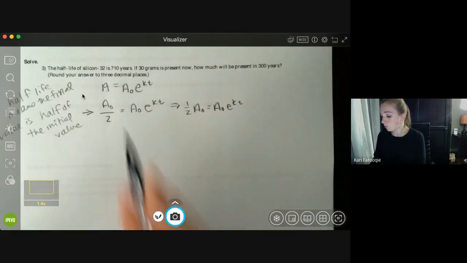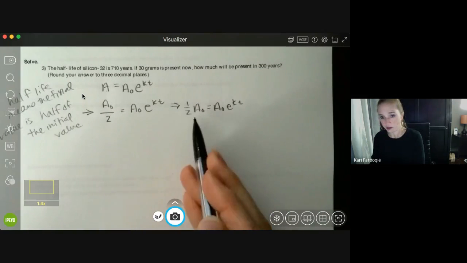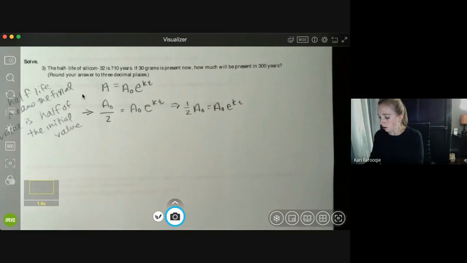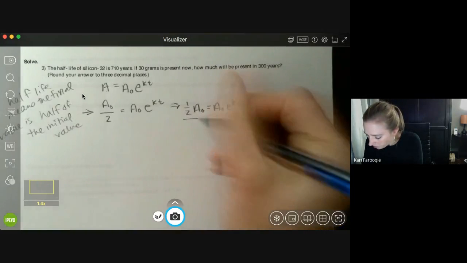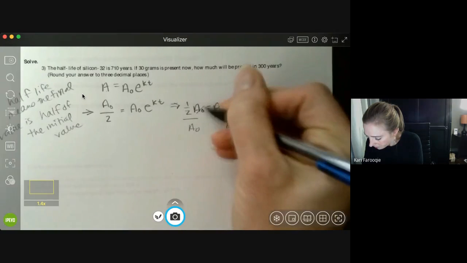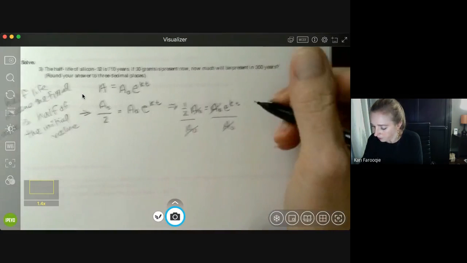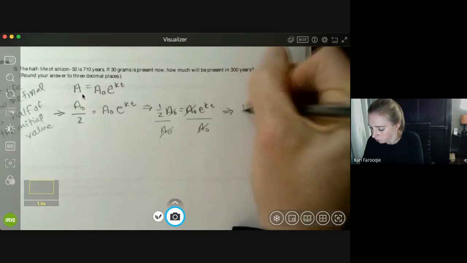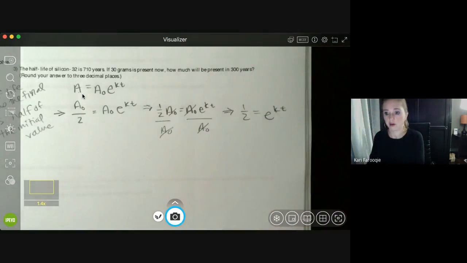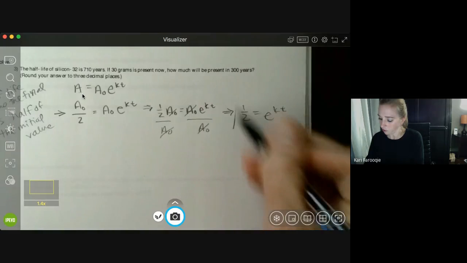You would just be writing the exact same thing, but using a coefficient of 1/2 instead of showing division by 2. And then you could divide both sides of the equation by a sub naught. And then all you have left is 1/2 equals e to the kt. So this is your half-life formula.